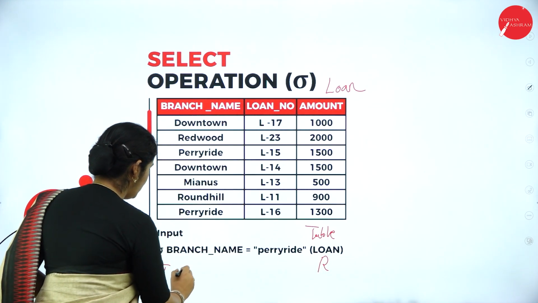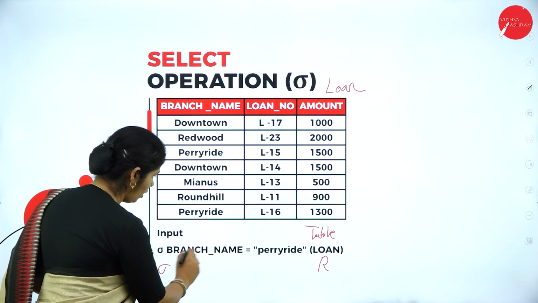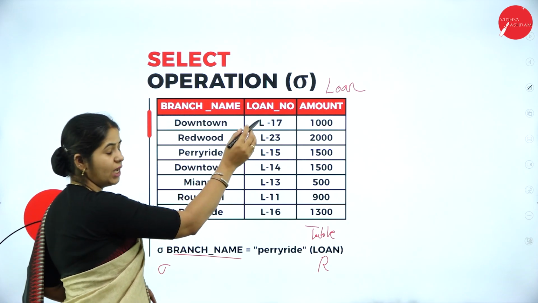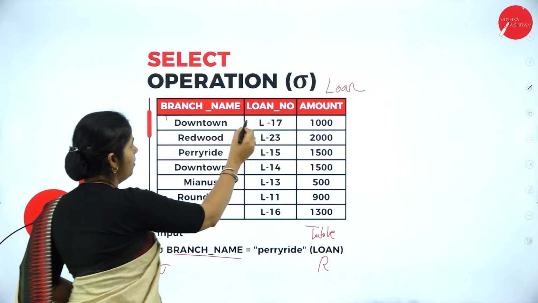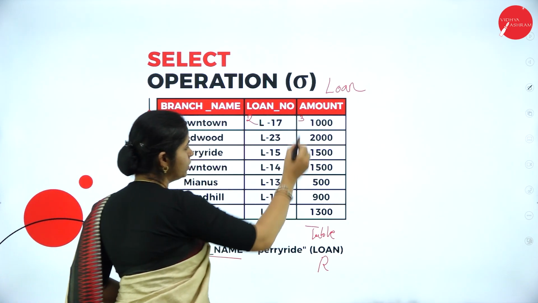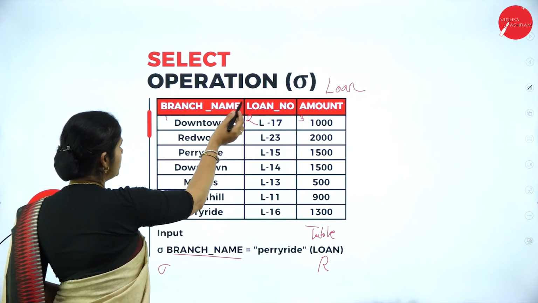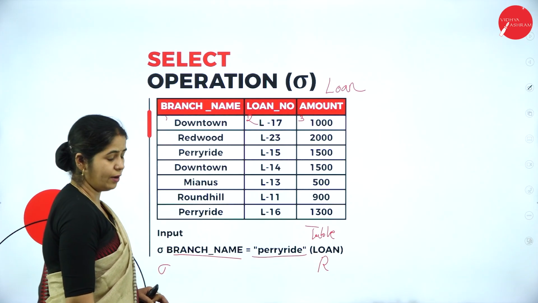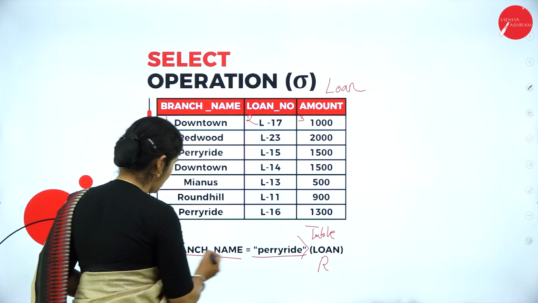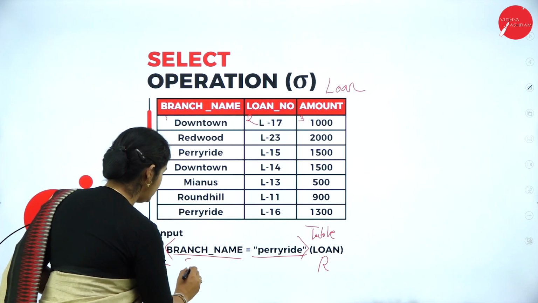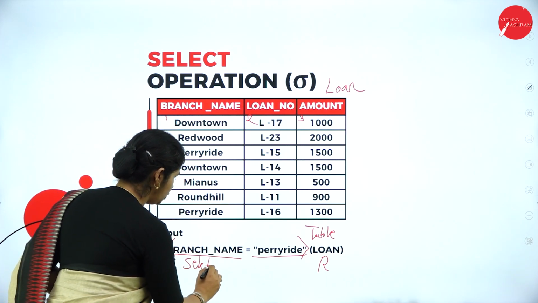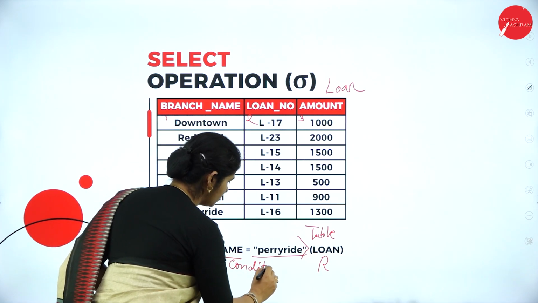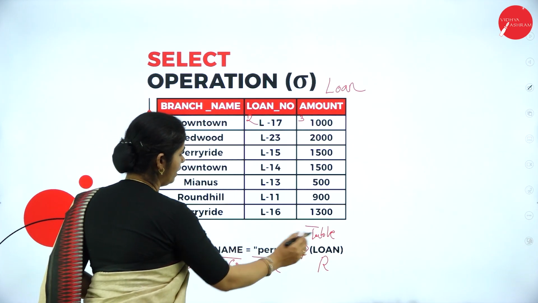Select. From what do I have to select? I have to select branch name. How many attributes do I have? Three attributes: branch name, loan number and then the amount. Three attributes are there. I want to select only the branch name. So this is the selection condition, from table loan.